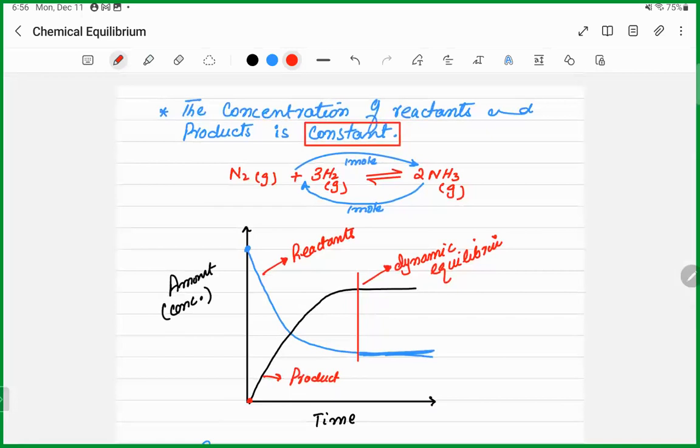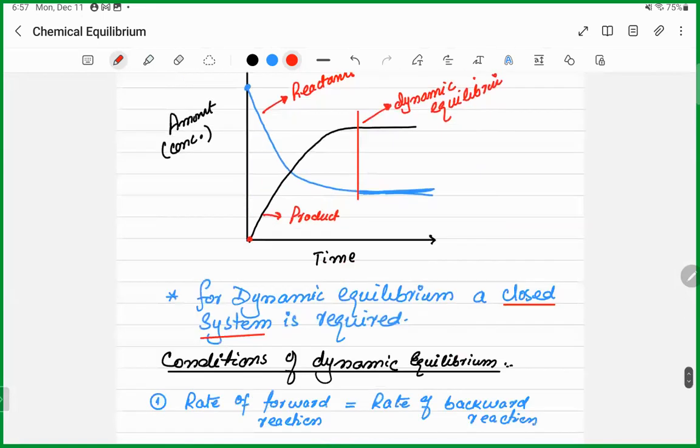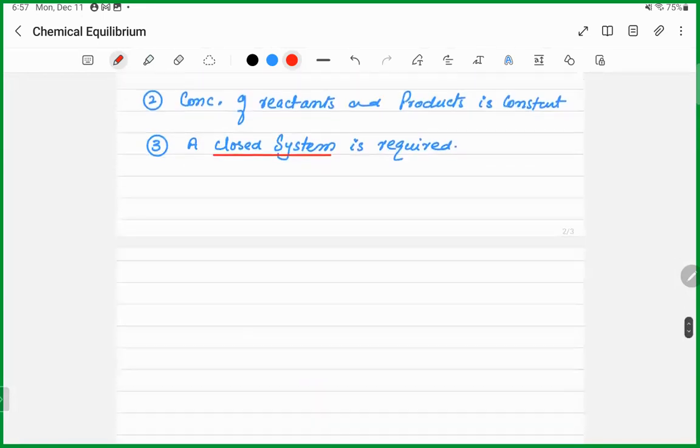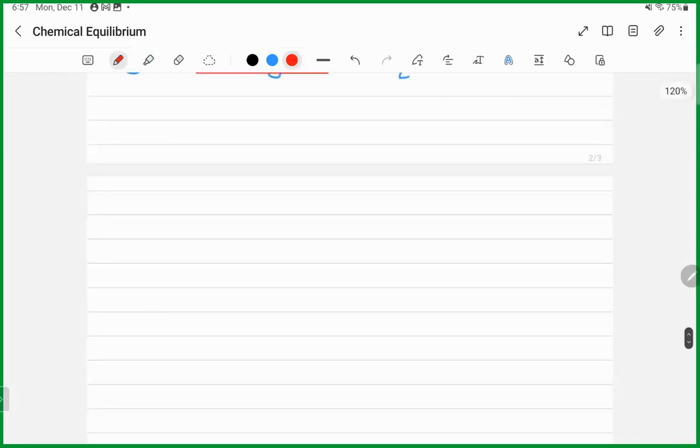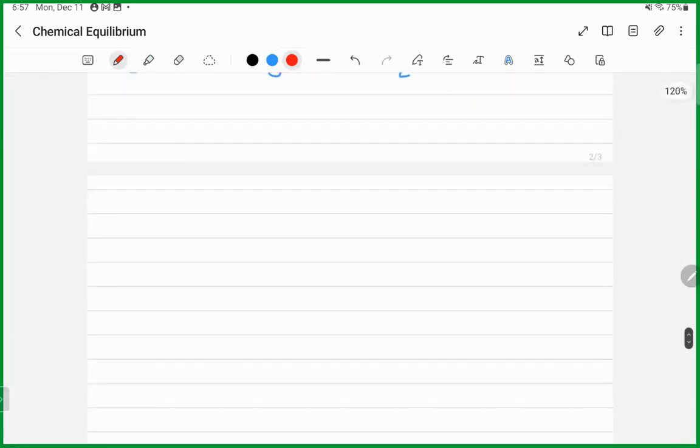And as I said, कि Haber's process में only 17% ammonia is formed and you have a dynamic equilibrium. You can't get more than 17% of NH3 when you have a closed system. Okay, you have to open the system, and when you open the system, then it will move in a direction to regain the equilibrium.